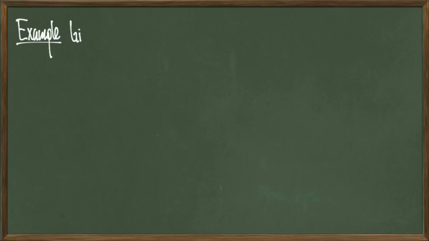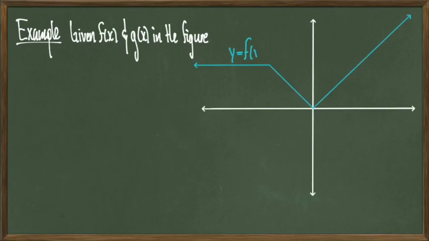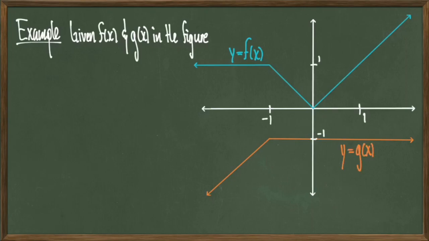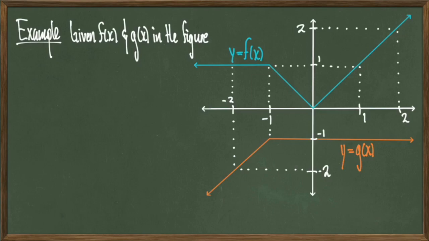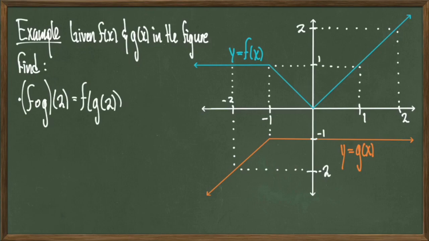For our last example, we'll do something a little different. Instead of being given formulas for our functions, we'll be given a graph, and then we'll be asked to evaluate function compositions at numbers. The first thing we'll compute is f composed with g evaluated at 2, which comes out to being f of g of 2. Even though we don't have a formula, we can trace this on the graph.